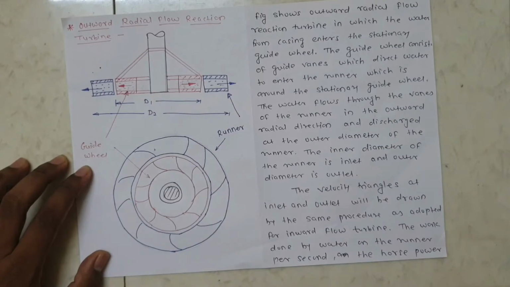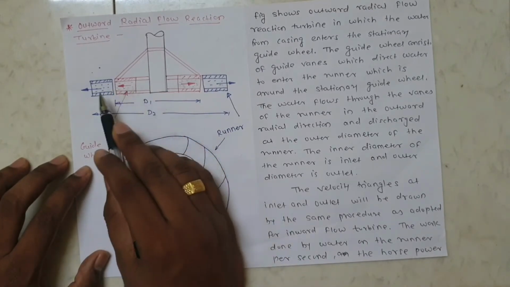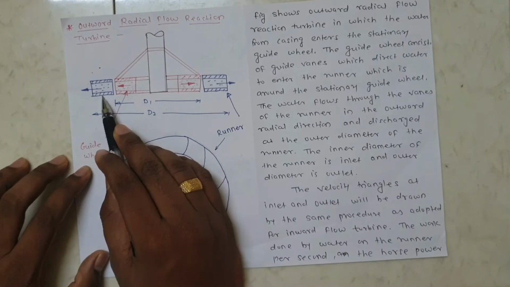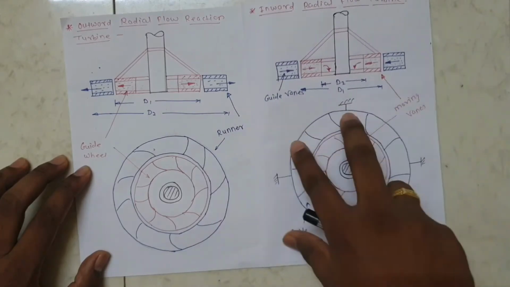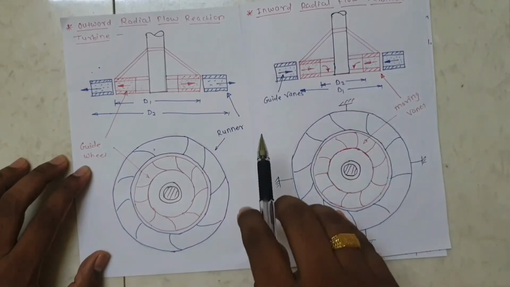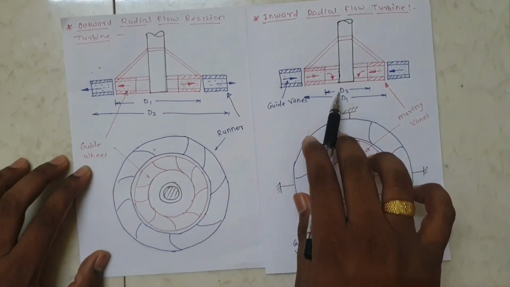Water is flowing from inward to outward. That means the guide wheel is inside and the runner is outside. But in the case of an inward flow turbine, water is flowing from outside to inside.